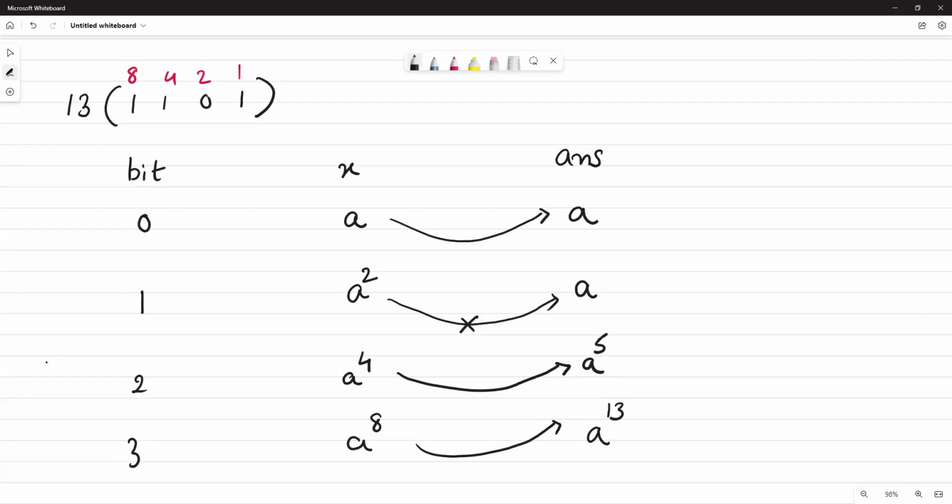Yeah, I'm still thinking. So if it is in the second index, if it is a to the power 4, then you're multiplying a to the power of 4 with a to the power of 4.